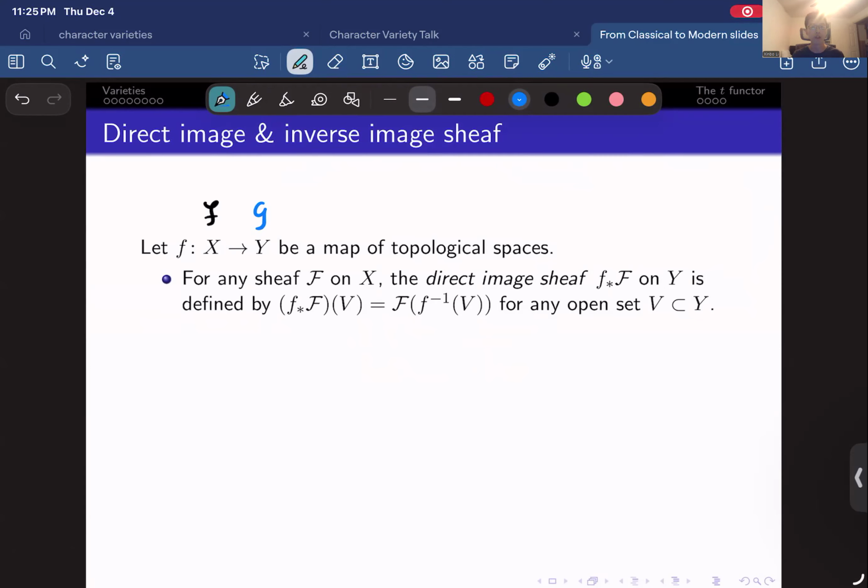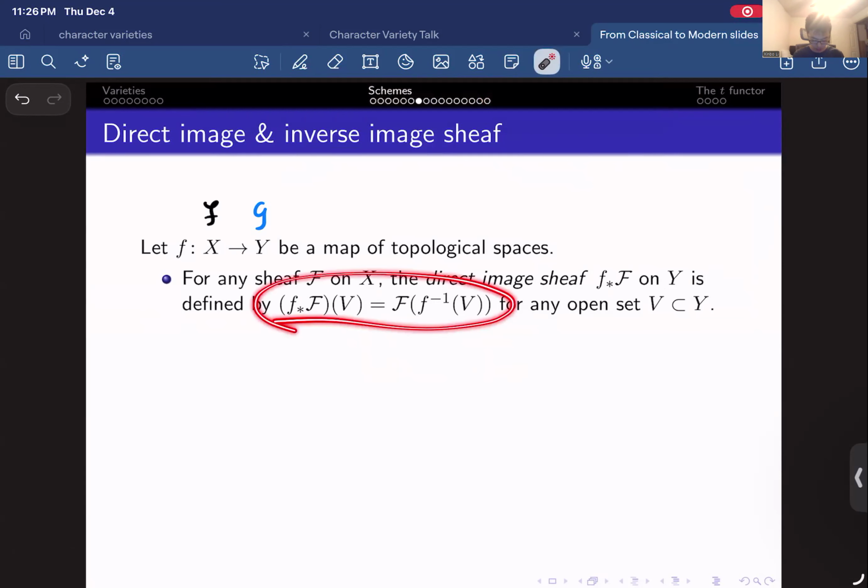So for any sheaf F on X, I can define the direct image sheaf f lower star F on Y to be described by the following formula over here. And you can actually verify this gives you a sheaf, because this formula is always a presheaf, but you have to verify that it's actually a sheaf. The good news is this is a very easy definition because you can just write what the sections are.